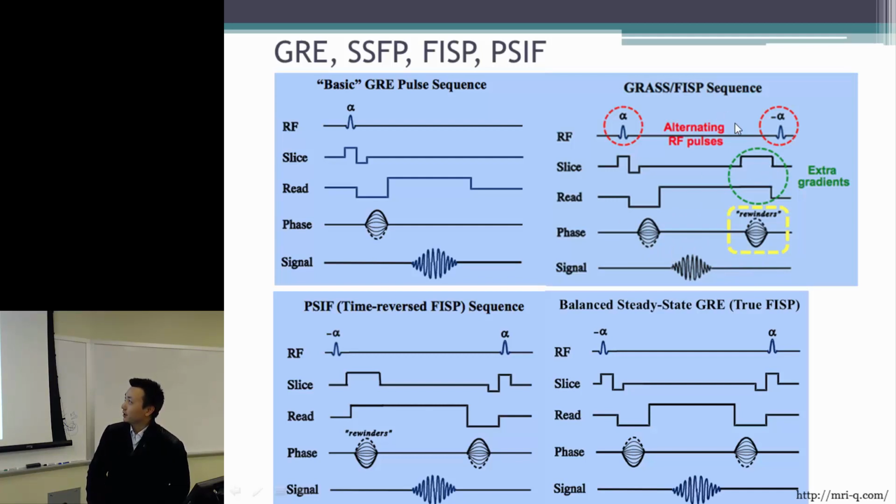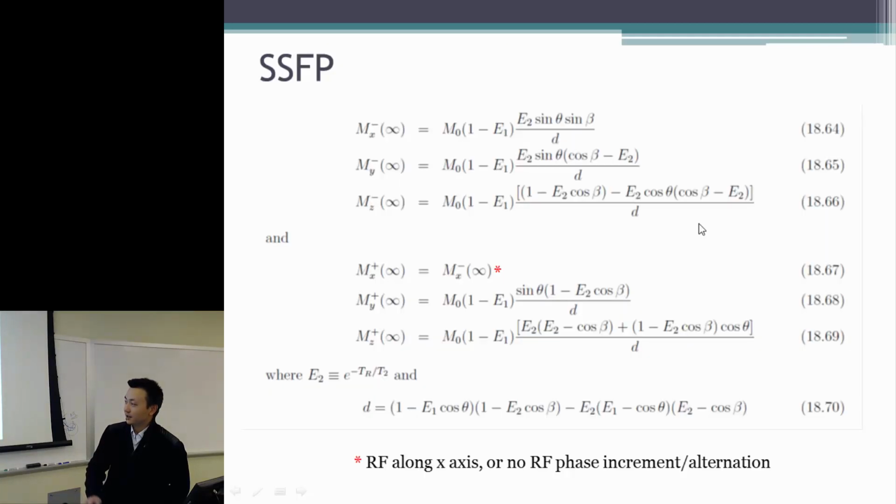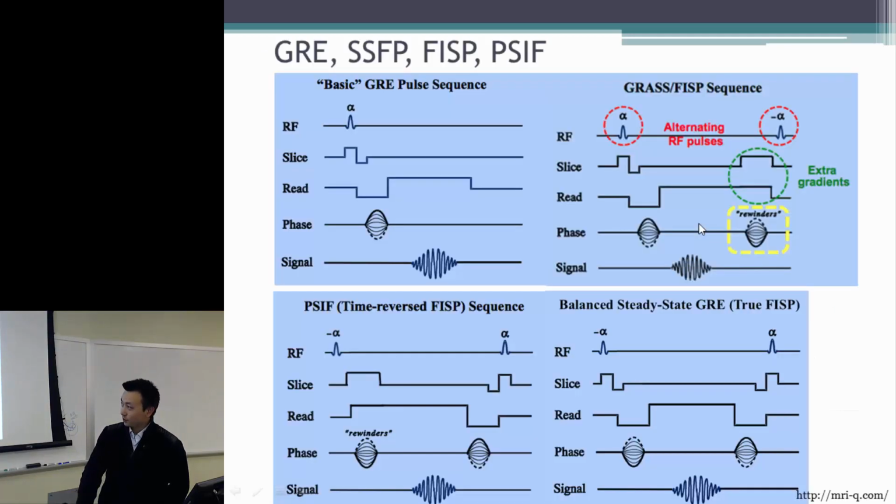But we have an imbalanced gradient moment along the slice encoding and read encoding. So actually, this is collecting the so-called echo. This will create a so-called SSFP echo. And we have another very interesting type of sequence that is PSIF.